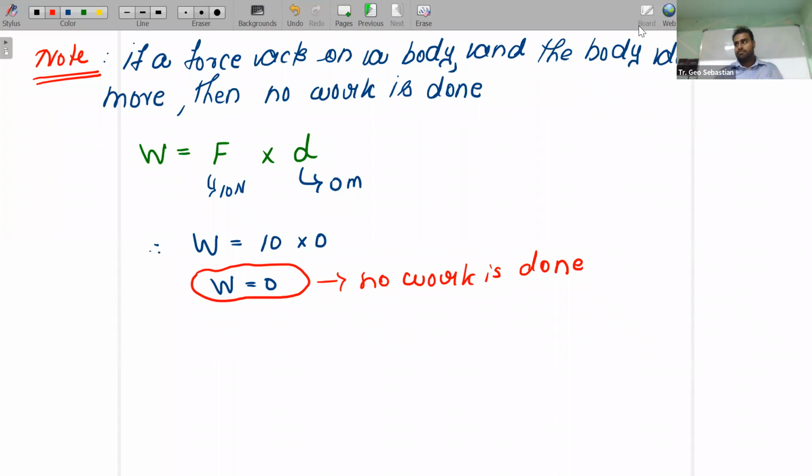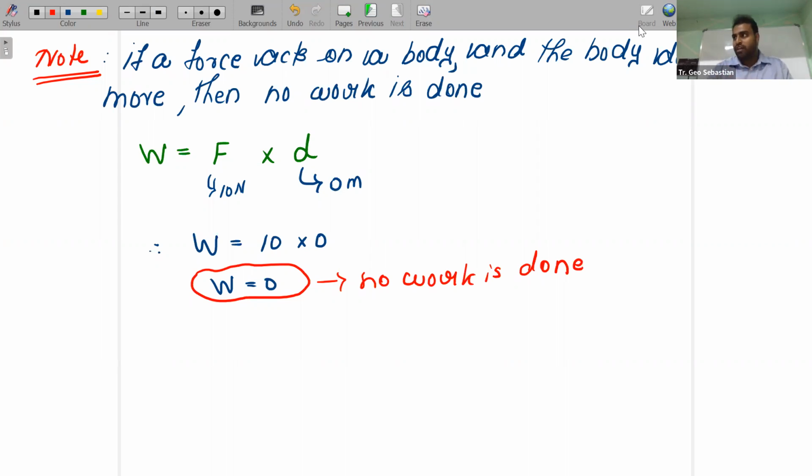Now, children, I'm going to explain one case. Yesterday, sir discussed that there are certain examples of work done. Along with that, I introduced one more example, that is pushing a wall. A person is pushing a wall. Under that condition, what is happening?